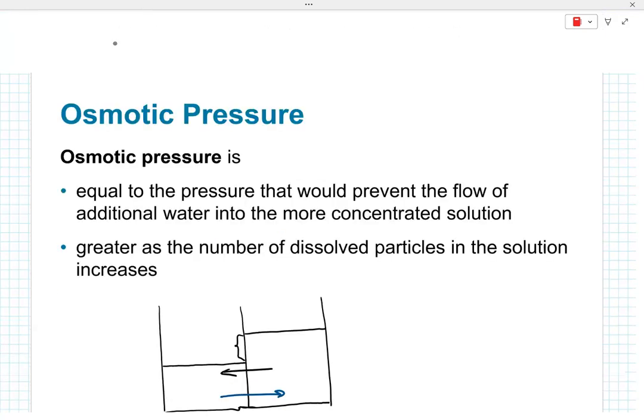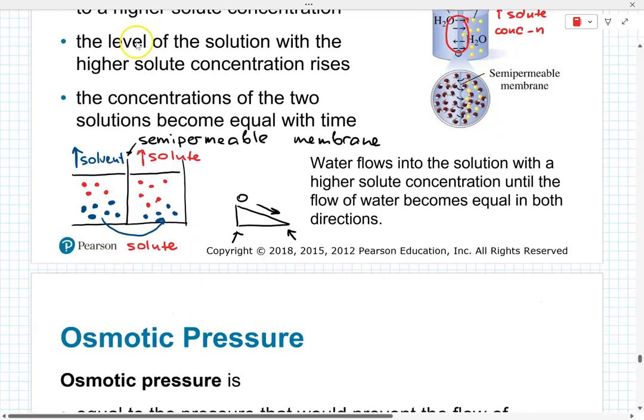I want you to look at this image and try to think of it in dynamics. In this example that I have on the screen here, the solvent moves from left to right, which increases the level on the right. That increased level starts pushing solvent back, right?